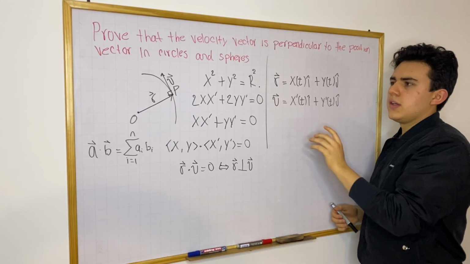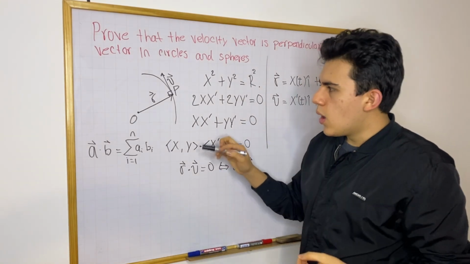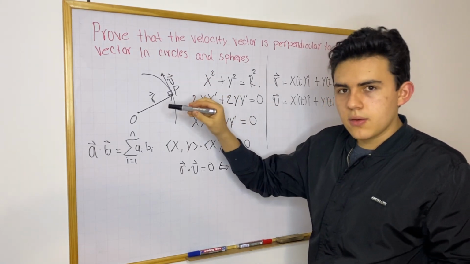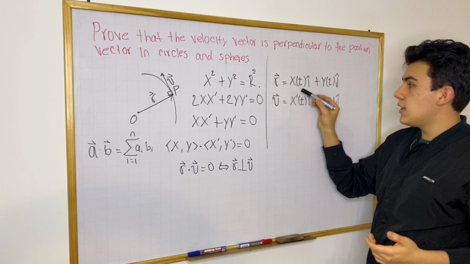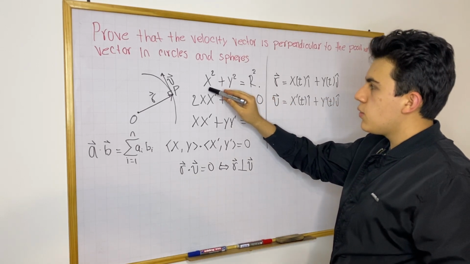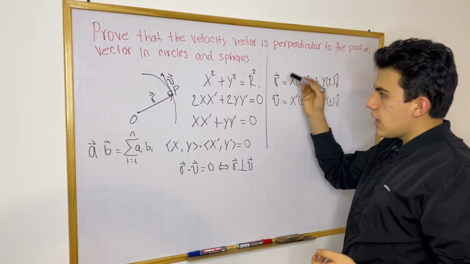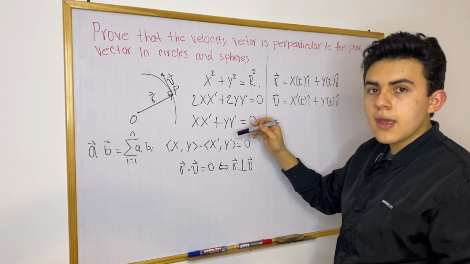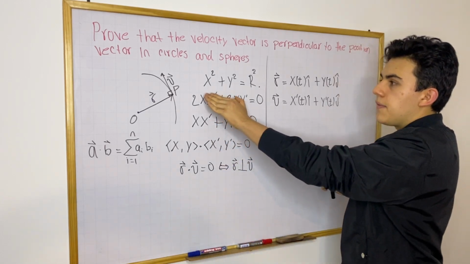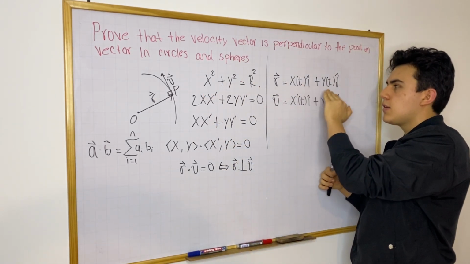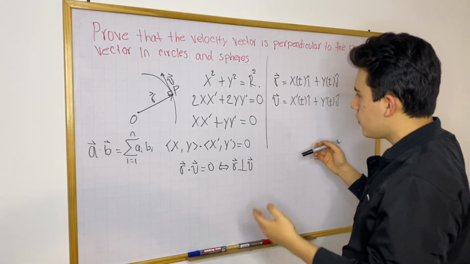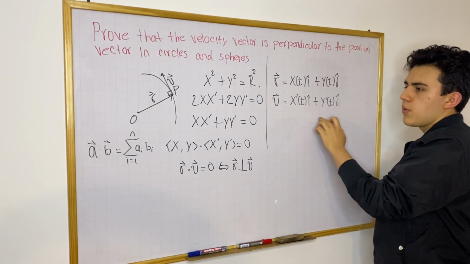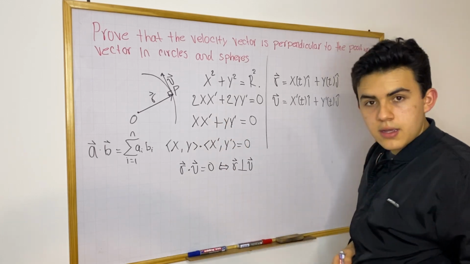These are the coordinates with respect to time of any point on P. By evaluating this expression at t, you're going to get what x value and what y value will satisfy this circle equation. And that is why you can treat these x's and x of t's, and y's and y of t's, the same. It also follows that you can do the same with x prime and y prime.